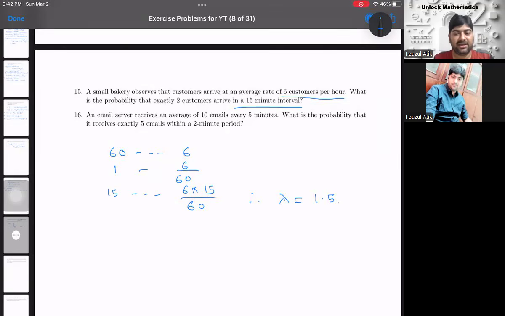After that it is very easy once you understand. What is the probability mass function for the Poisson random variable?